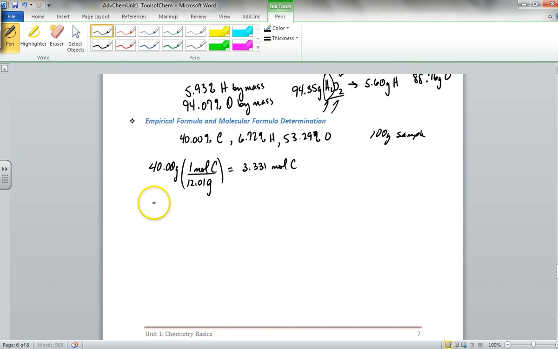If I do the same thing for hydrogen, 6.72 grams of hydrogen, I convert it into moles using its molar mass from the periodic table.